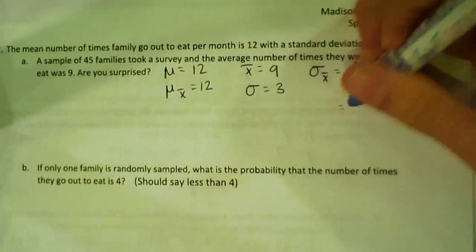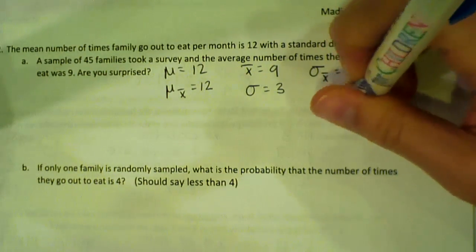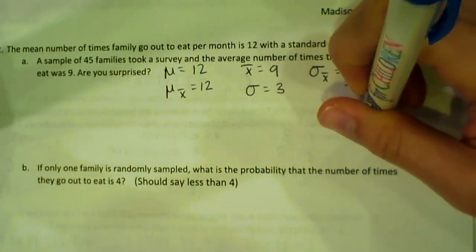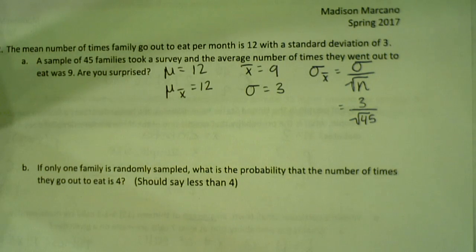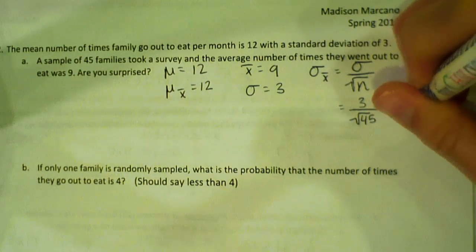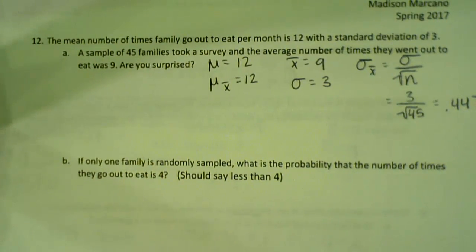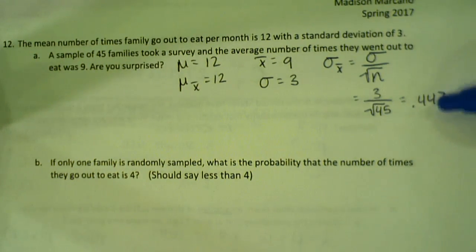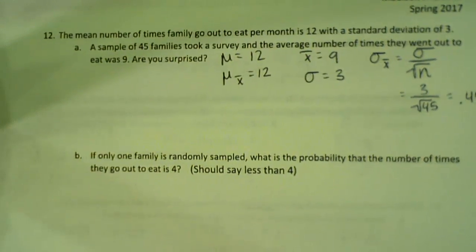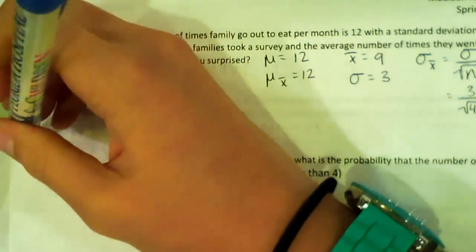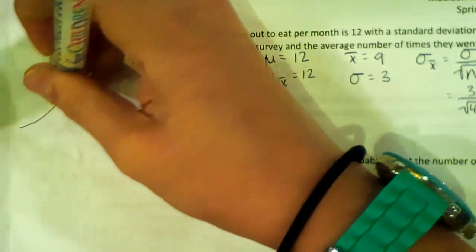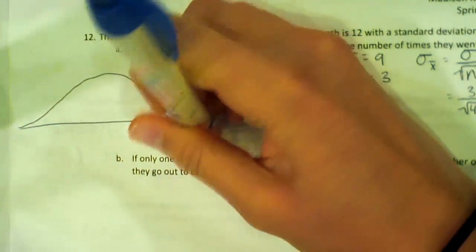And that would just be 3 over the square root of 45. So if we were to draw it, just remember that that's 0.447. Then draw it over here. So we have our x bar.